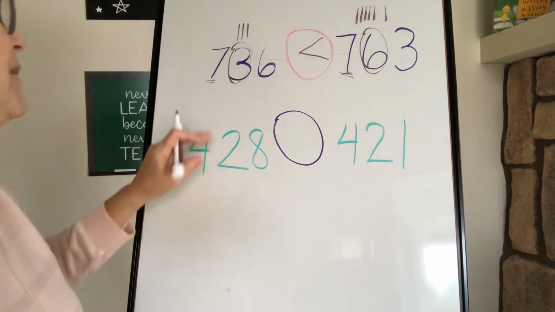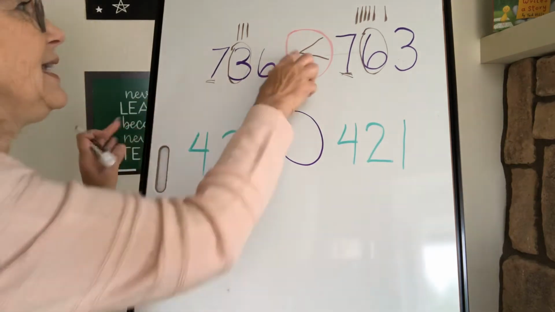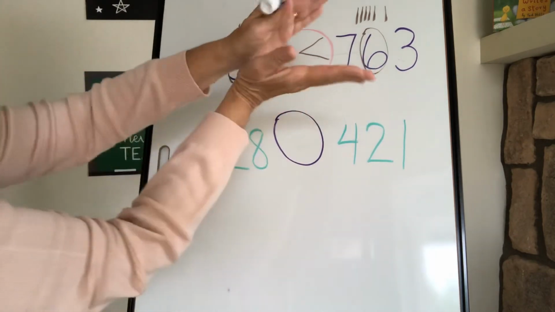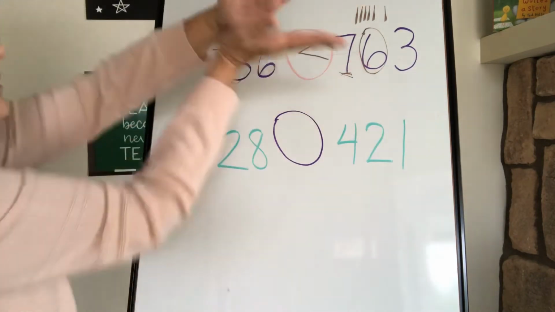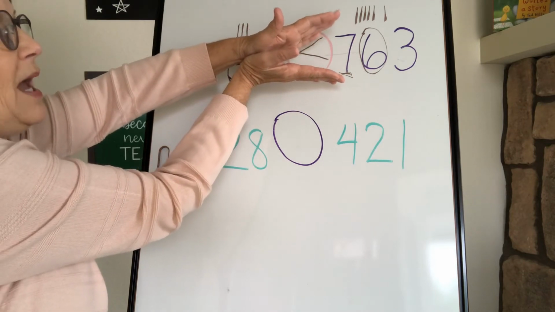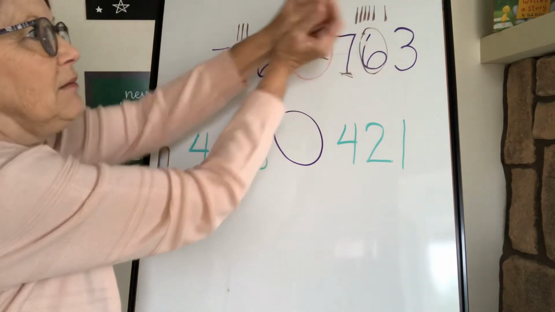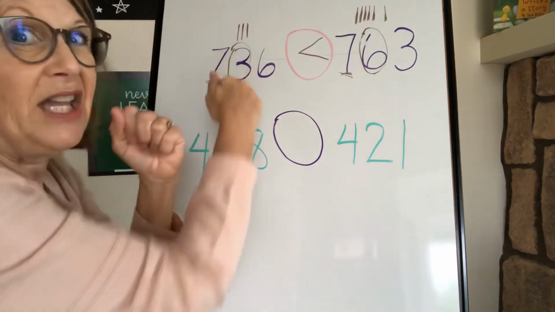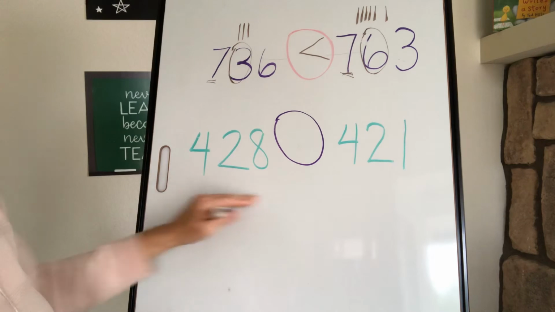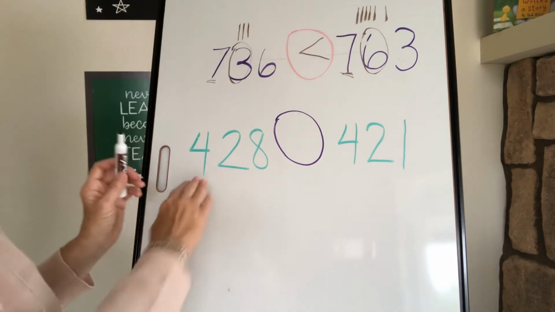Will you read it with me? 736 is less than 763. We know that the greater sign opens up to the biggest number. I'd rather have 763 M&Ms than 736. Actually, I'd take any.